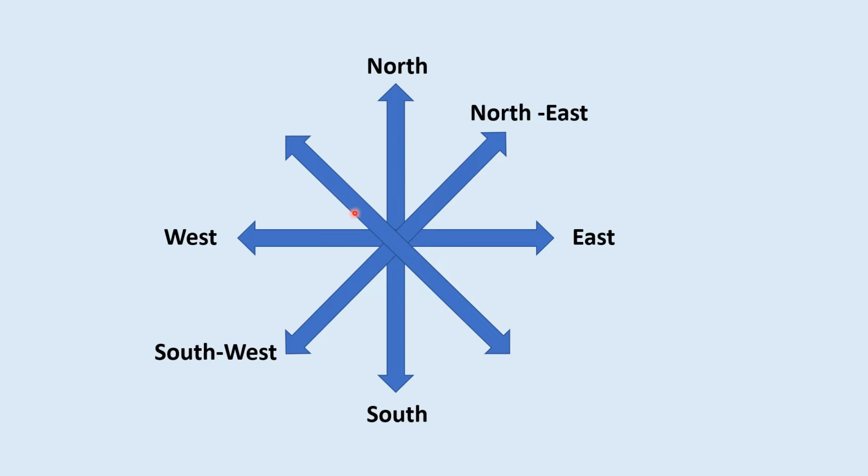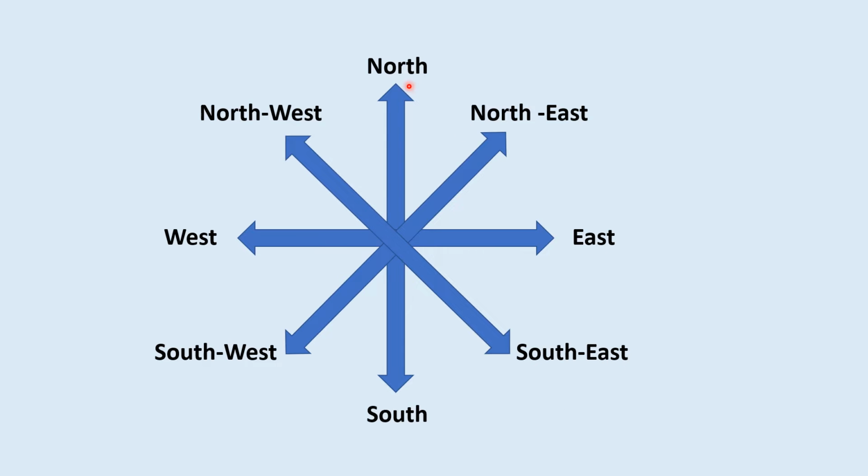Now this arrow goes in another direction. The arrow that points towards north and west, between north and west, is northwest. And the arrow that shows a place between south and east becomes southeast.